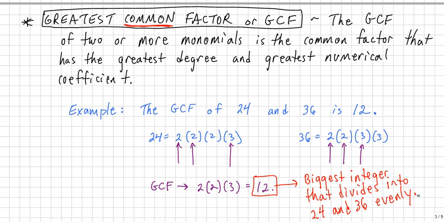So in other words, it's the biggest integer that you can divide into 24 and 36 without a remainder. So that's another way to think of the greatest common factor. So what I'm showing you here is a way you can come up with it if you don't know that off the top of your head. Because sometimes the numbers will be numbers we don't work with very often. So we need a way to come up with it if we don't just know it.